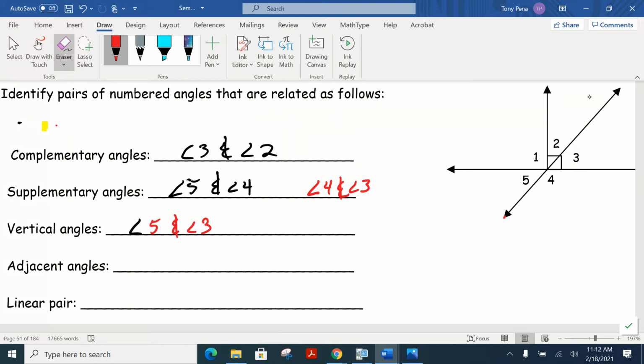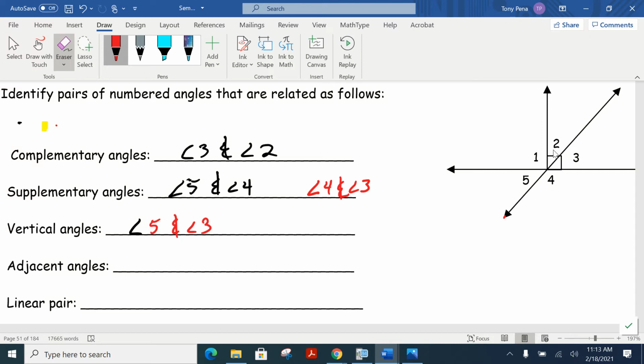Good. So angle 1 and angle 5. Thank you, Justin. I can't write this. As you can see, I don't know if you can see my little mouse moving. It's not writing anything. But angle 1 and angle 5, notice how they're right next to each other. So those are adjacent. All right, Alexis. Good. 3 and 4 are right next to each other. Hala, what do you think?